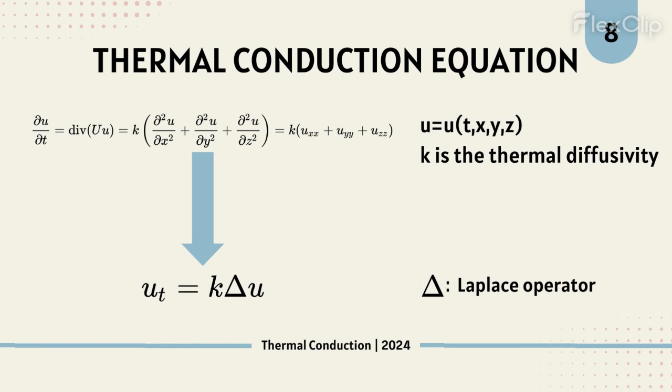The second partial derivatives of U with respect to the spatial coordinates x, y, z represent how the temperature changes in space. The formula below states that the time derivative of U is equal to a constant K multiplied by the Laplacian of U.